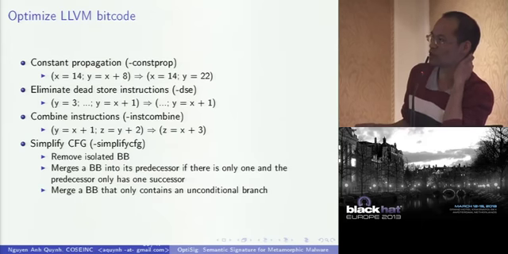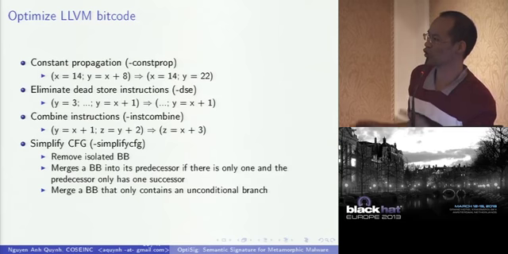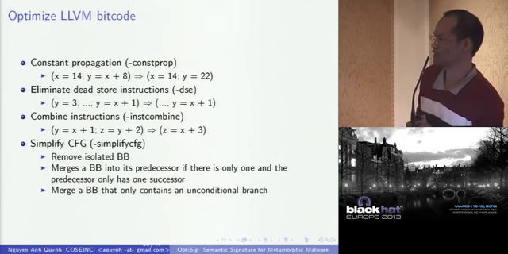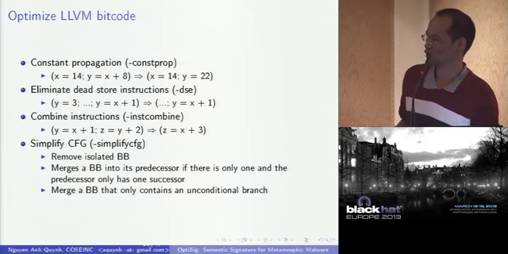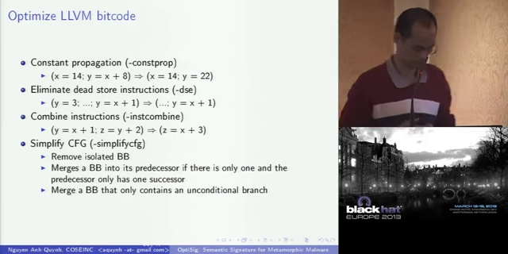It can be used to remove isolated basic blocks. It can be used to merge a basic block into its predecessor if there's only one, and the predecessor has only one successor. Or you can merge a basic block that only contains an unconditional branch.